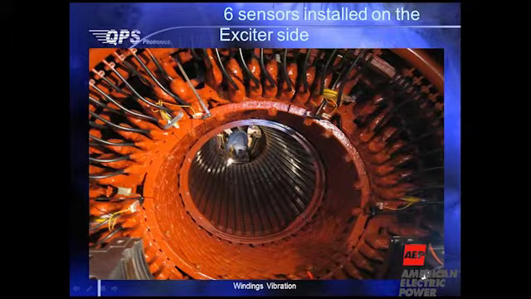This slide shows the sensors after they have been installed in the exciter end. We wrap fiberglass cloth around them and then paint over it. So essentially, at the end, nobody can see that any sensors have been installed. It's working seamlessly.